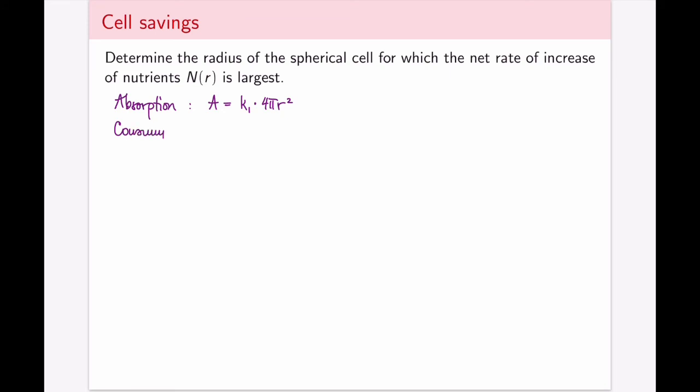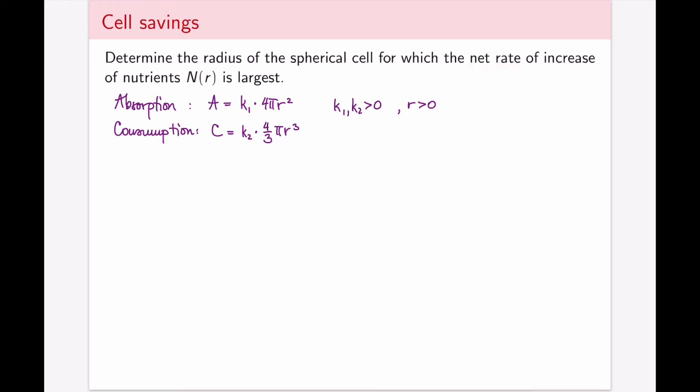Consumption is going to be proportional to the volume of the cell, and again, in our case, it being a sphere, it's going to be 4/3 pi r cubed. Now, the proportionality constants are always positive. And r corresponds to the radius of the cell, so it has to be non-trivial and positive. Now, the question talks about the net rate of increase of nutrients.